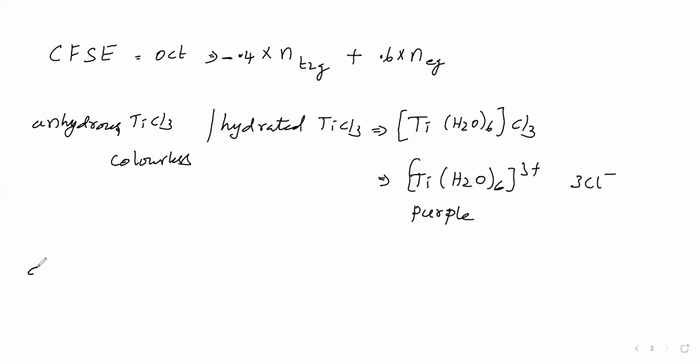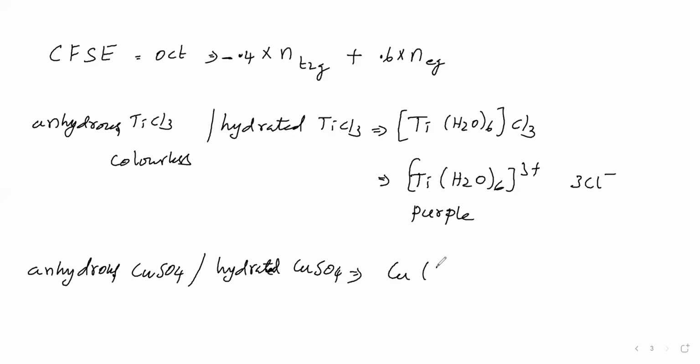In the same way, we'll take anhydrous copper sulfate, then hydrated copper sulfate. Hydrated copper sulfate exists in the form of a complex. These water molecules are coordinated with copper.